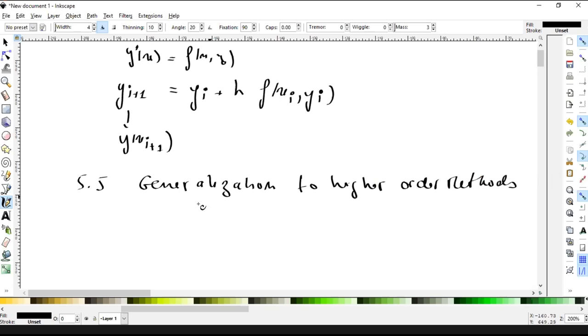So for example, here y of x_i plus h, I will put here the higher order Taylor expansion.